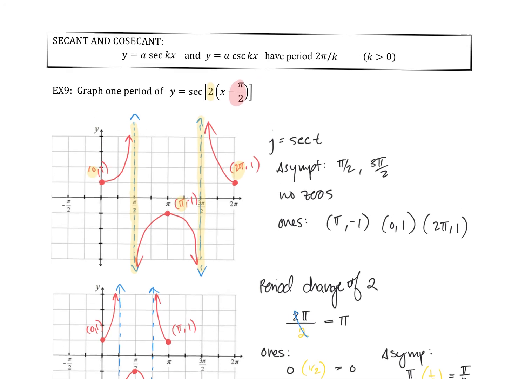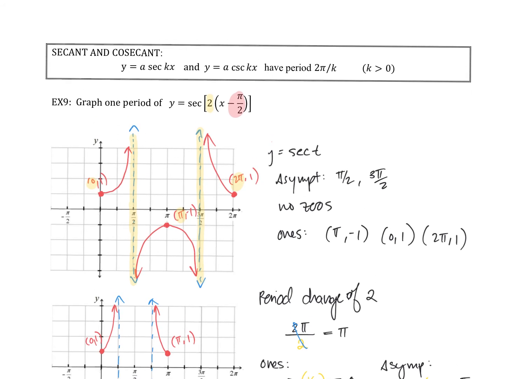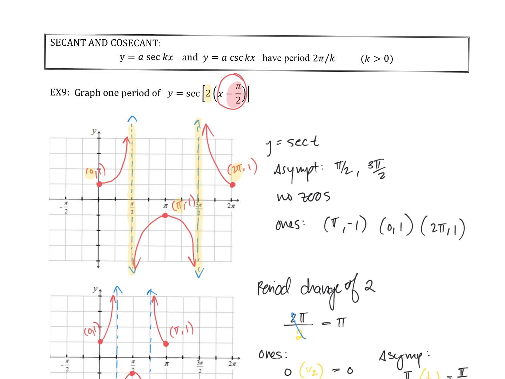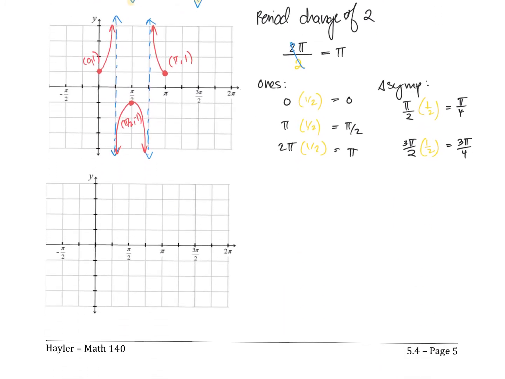Now the last thing after a period change is we are looking at the phase shift. The phase shift is minusing pi over 2, so as usual, the weird thing with x's, we'll be adding pi over 2. So we have a phase shift, which direction? Adding. How much?